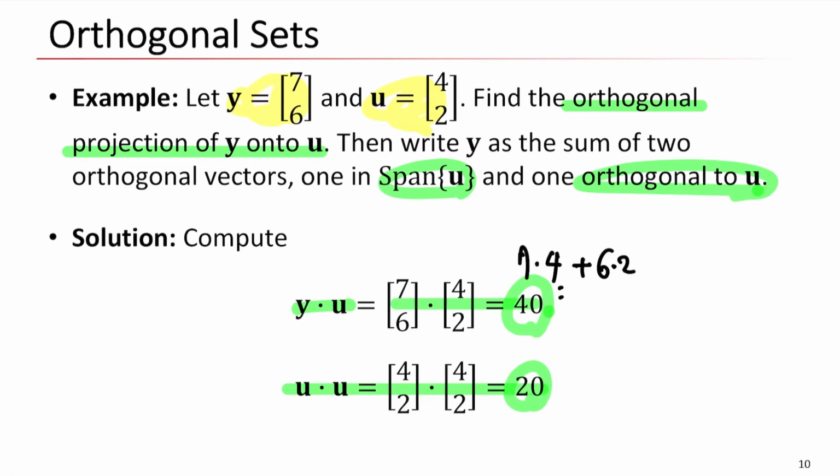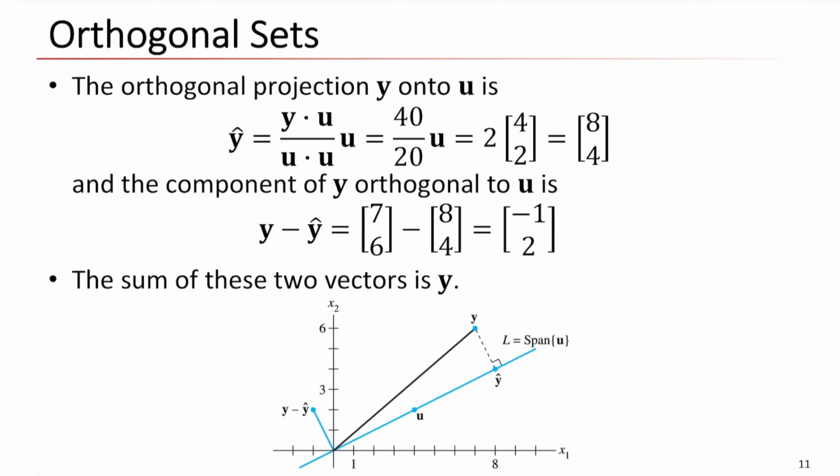Okay, so from here, the orthogonal projection of Y onto U is equal to Y hat. So Y hat is equal to Y inner product U over U inner product U, times U. So this is the 40, and this is the 20, right? Then here is U, so this is the 2. So this vector U is equal to 42, right?